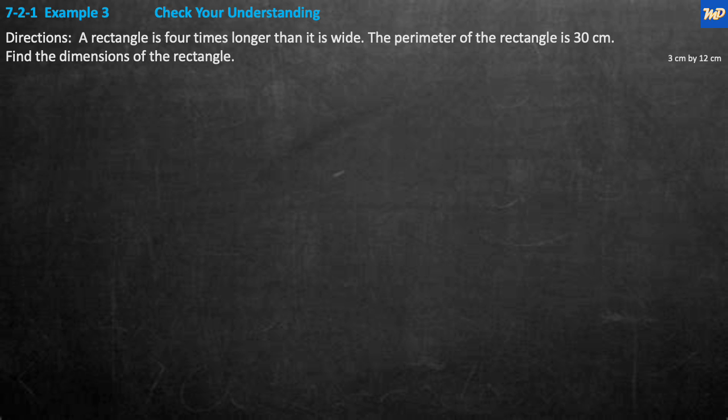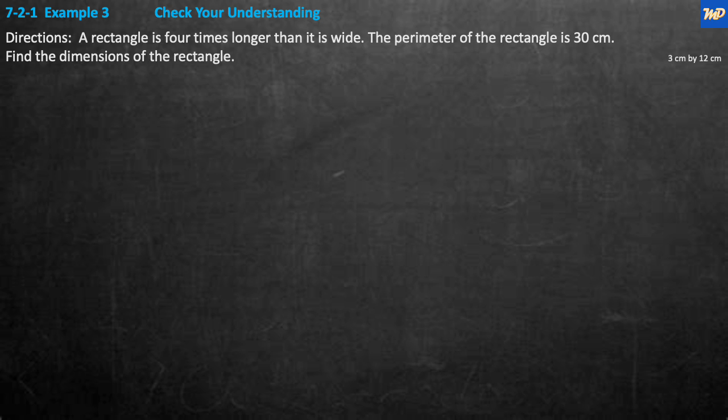Okay, assuming you've done that, let's give it a whirl. The first thing we need to do is come up with 2 equations because we need 2 equations to solve this system. Because you have 2 variables, a length and a width, you need 1 equation for each variable. So what's one real common equation that we have?